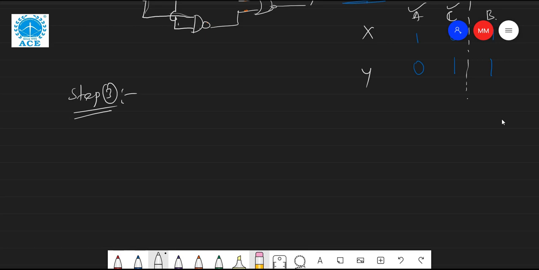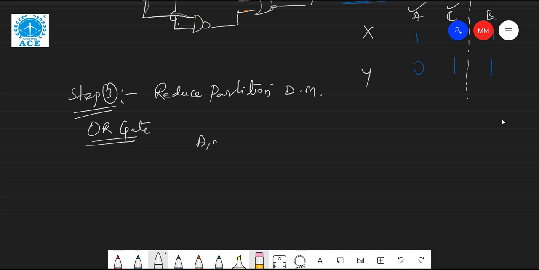Now step 3. In step 3 we need to reduce the pattern, so reduce the partitioned dependence matrix. What we need to do here is reduce with the OR gate operation, ORed value we need to take. So this is A, C, and this is B. If I take these two, see how I'm taking.